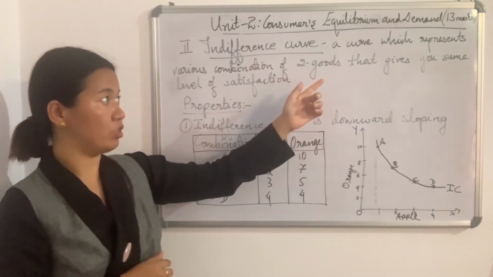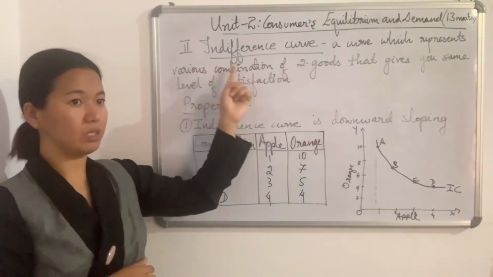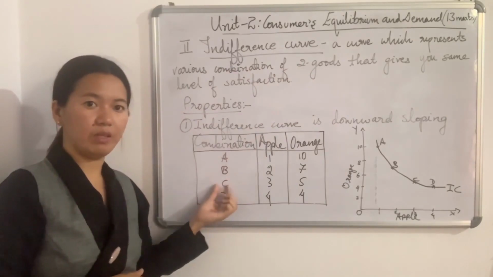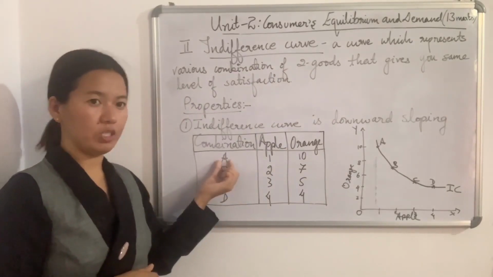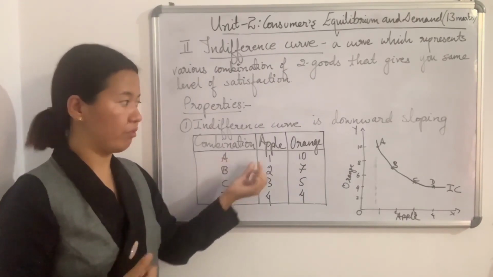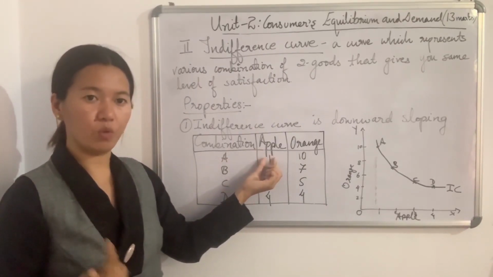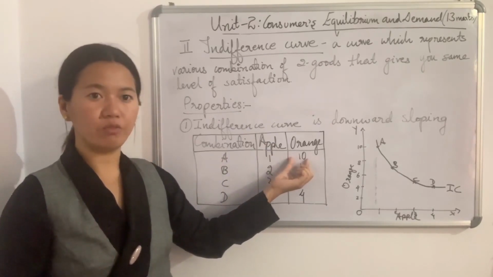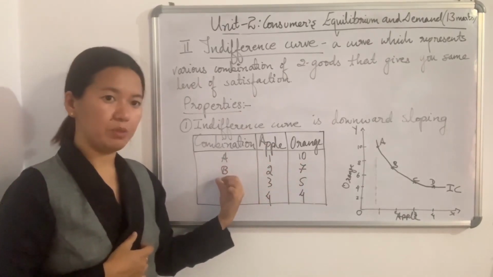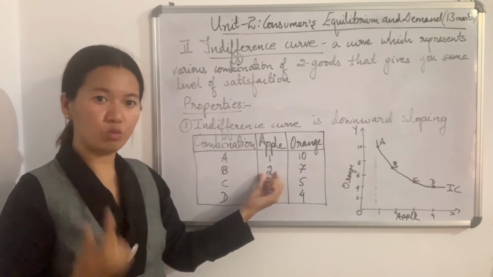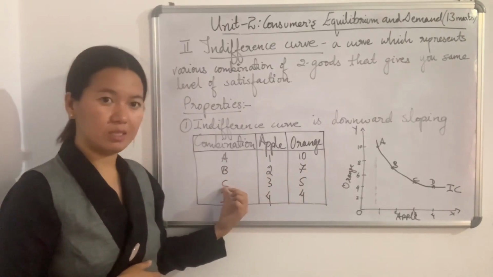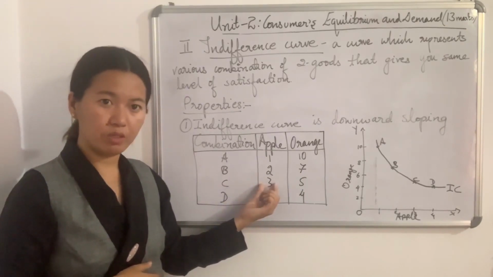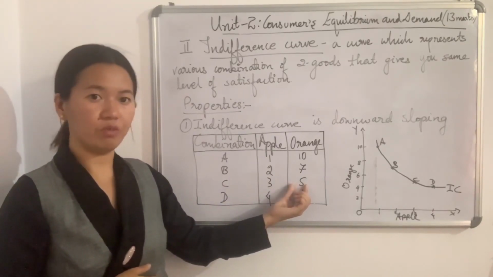Now, from the definition, it says that it represents various combinations. These are the various combinations: combination A, B, C, and D. Combination A is when you consume 1 unit of apple and 10 units of oranges, and combination B is when you eat 2 apples and 7 units of oranges, and combination C is when you have 3 units of apple and 5 units of orange.